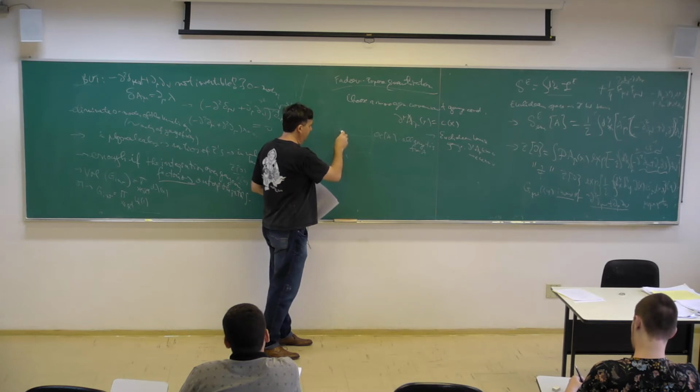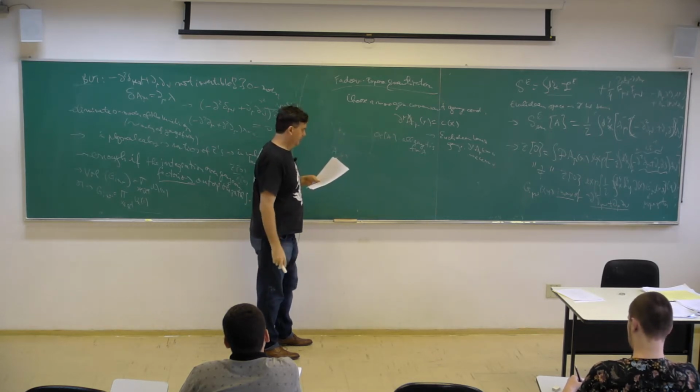Then if I vary this initial point, the sum of all the orbits will give me the whole space.